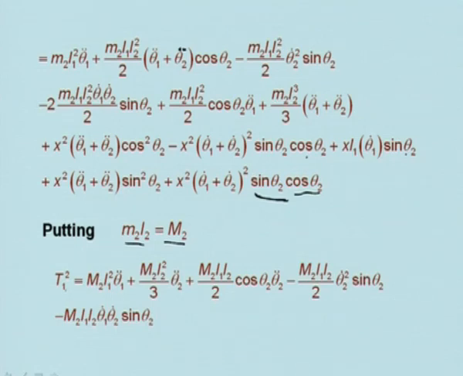Then you have T12, that means the torque required at joint O because of the motion of ring 2, that is M2 L1 square theta 1 dot plus M2 L2 square by 3 theta 2 dot plus M2 L1 L2 by 2 cos theta 2 dot minus M2 L1 L2 by 2 theta 2 dot square sin theta 2 minus M2 L1 L2 theta 1 dot theta 2 dot sin theta 2.